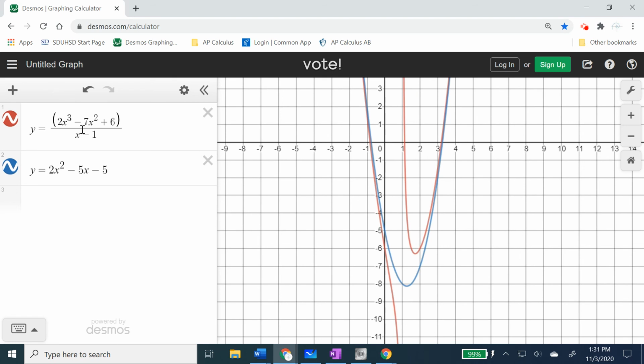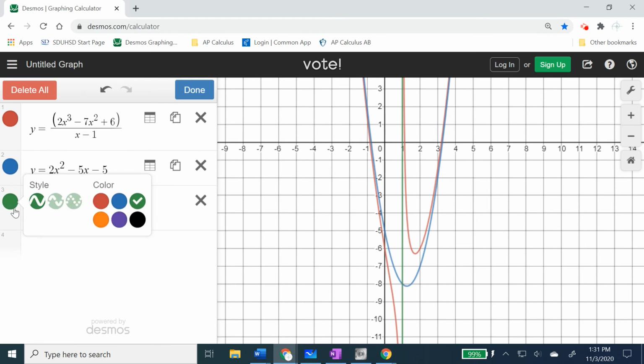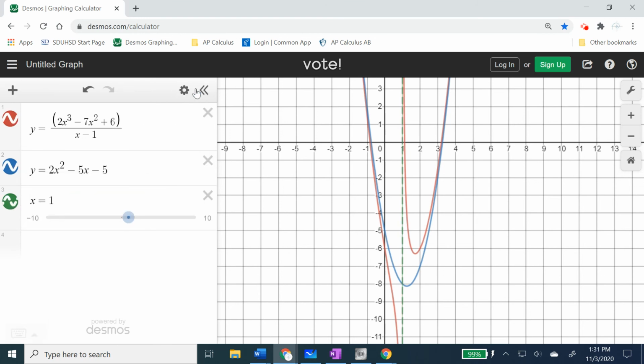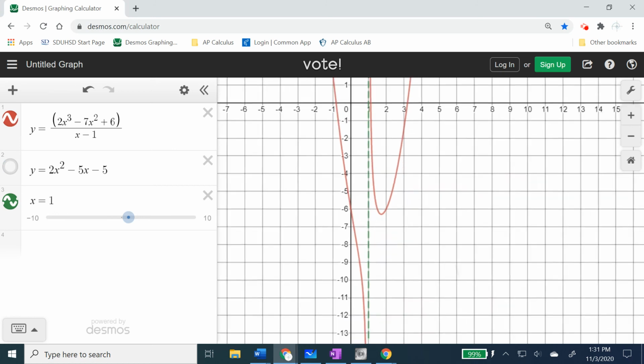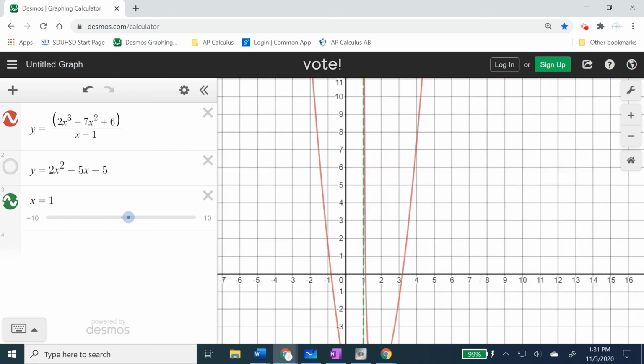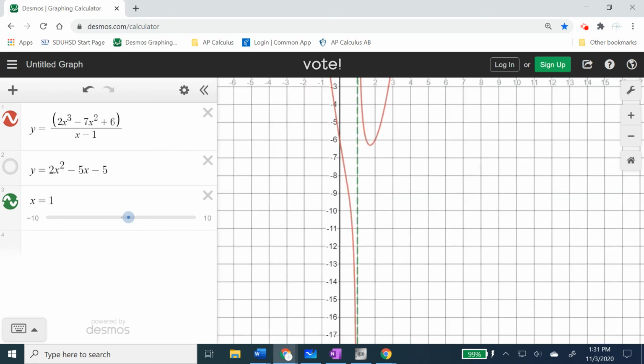Now, if I'm graphing the rational function that's in red here, there is a vertical asymptote of x equals 1. And I'm going to put that down as a dashed line. And I'm going to take this out of the mix. And you can see that there is a vertical asymptote that it follows.